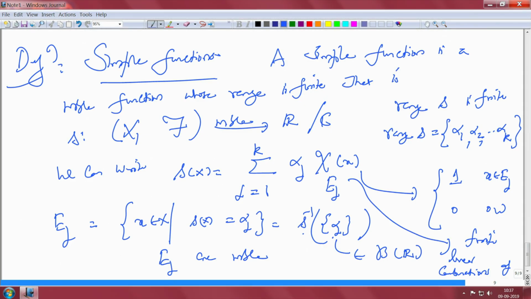Okay. So, the main result we want to prove today is that any positive measurable function is a limit of simple functions. So, you can think of simple functions as step functions on the real line or an interval.